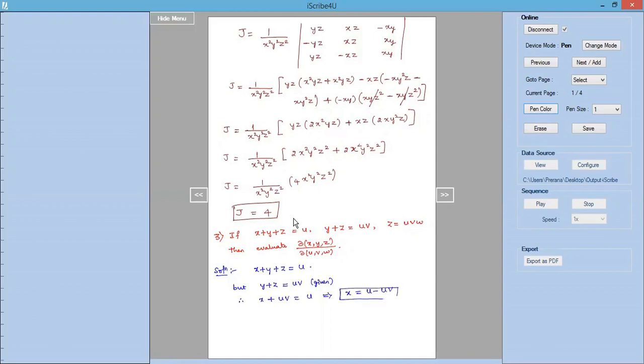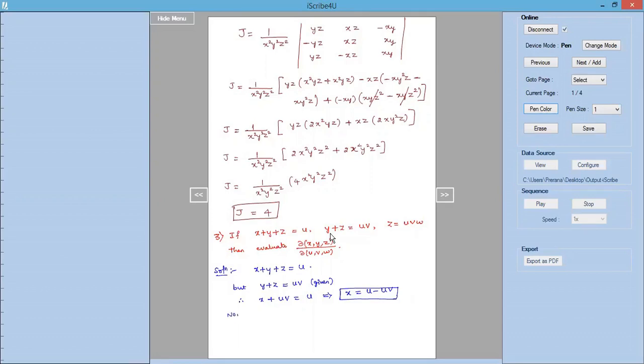So if you observe, we represented x in terms of uvw. Of course, w is not involved here, but still x is represented in terms of uv. And now we will try to represent y. y plus z is equal to uv we have. Let us substitute for z as uvw from the last expression and try to represent y also with respect to uvw variables.